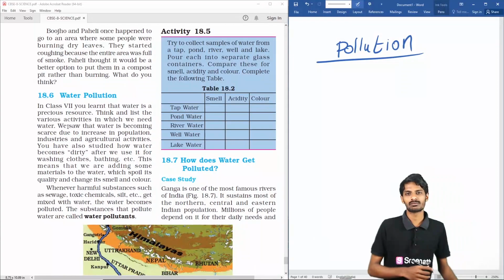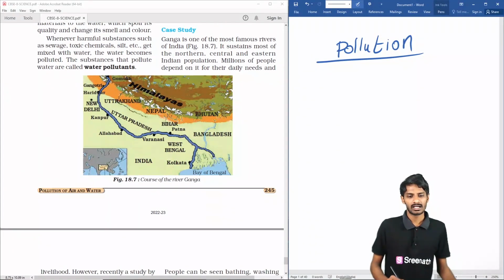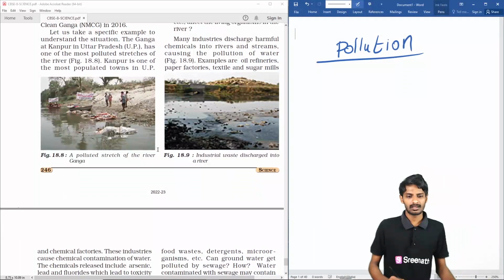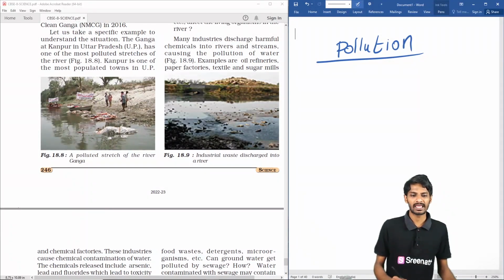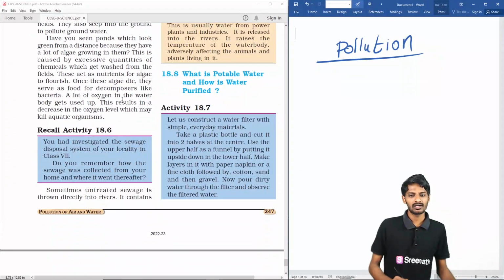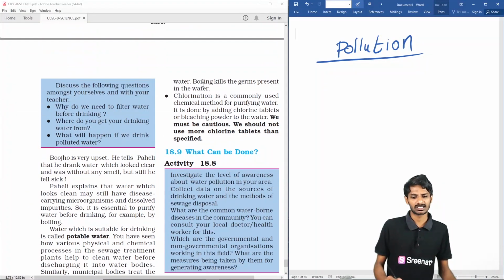about water pollution. So how does water get polluted? Here also there is a case study regarding the river Ganga. And after that, have you seen these images, friends? How water is getting polluted heavily. And what is potable water and how is water purified? How can we purify the water?